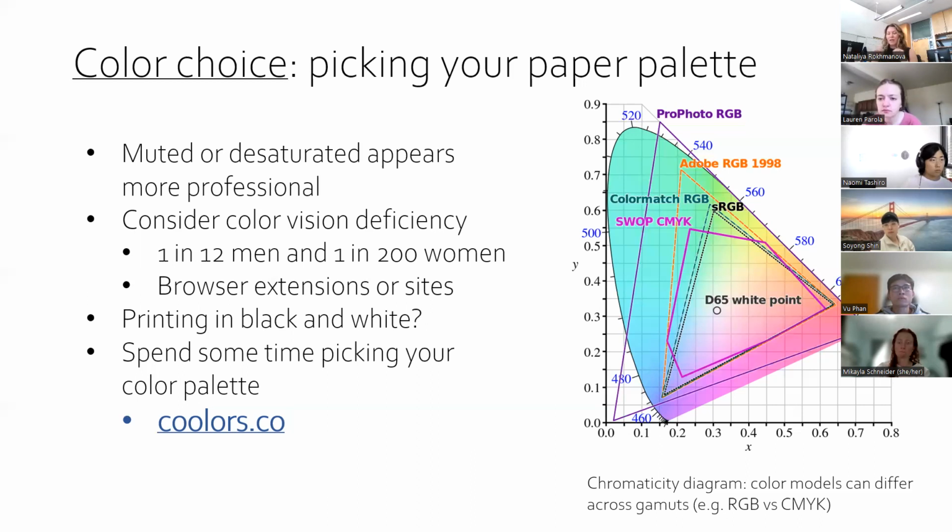So if you're trying to translate between RGB and CMYK, sometimes those colors don't quite match and they don't overlap correctly. And there are also some models that are better at capturing certain shades or certain parts of this color domain. There's a really cool Wikipedia page on color models. People have been trying to figure out how to best model color spectra for many, many hundreds of years. Very cool, highly recommended.